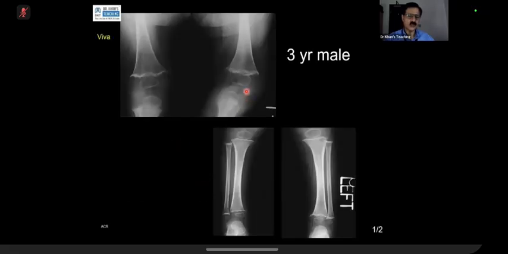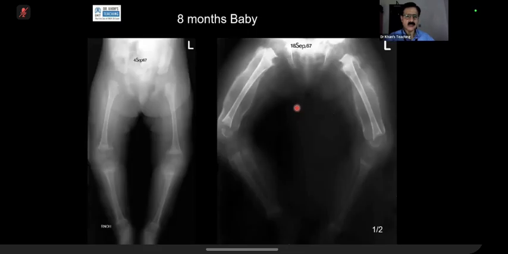In this case, of course, we have already covered the Wimberger sign, Pelkan spur, Frankel line, etc. Now, yes, please. This is 4th of September, and this is 18th of September. What is happening? Yes, there's extensive subperiosteal hemorrhage involving both femurs.